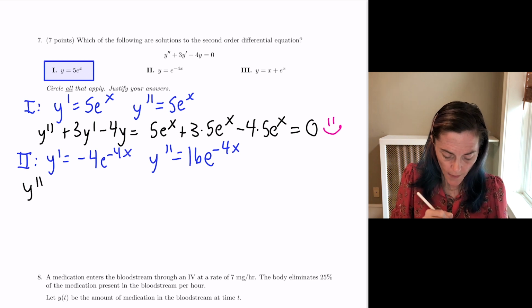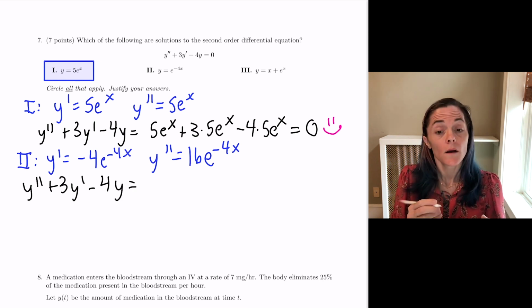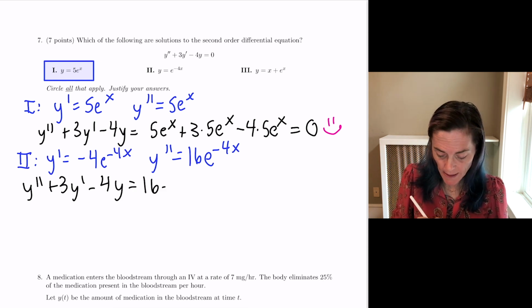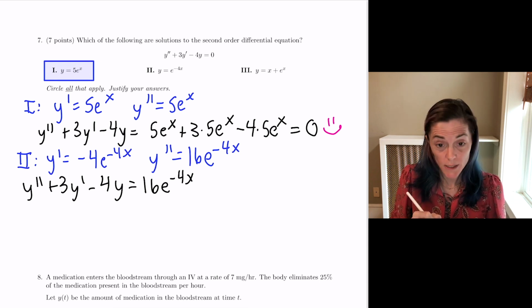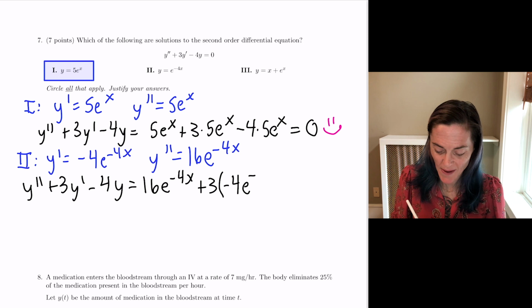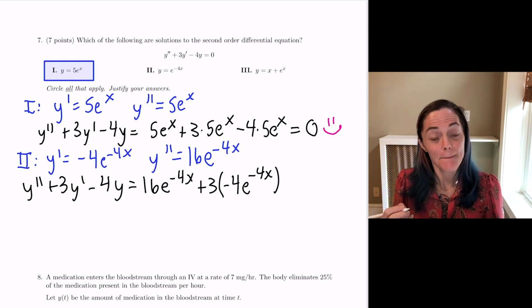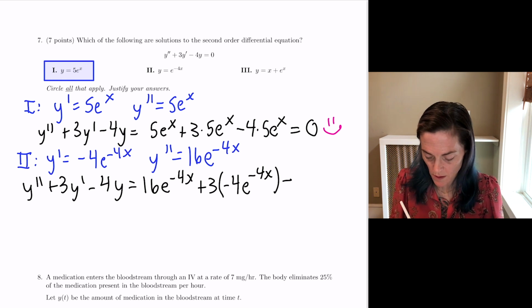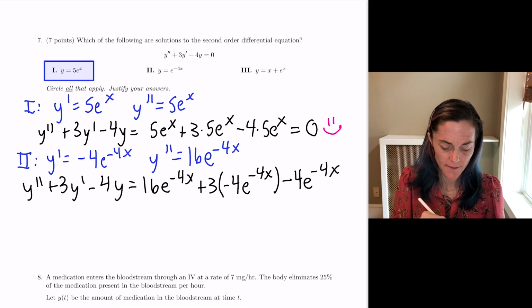Now let's jump into my differential equation. y double prime plus 3y prime minus 4y. Okay, we have 16e to the minus 4x plus 3 times minus 4e to the minus 4x minus 4e to the minus 4x.